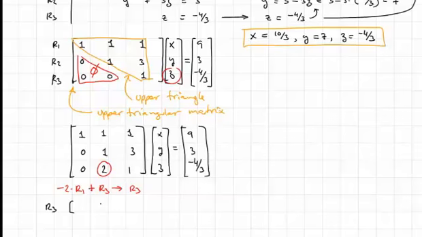We would have minus 2 times 1 plus 2, which is 0, minus 2 times 1 plus 1, is going to be minus 1. And then, of course, we do the same thing for the constant. But I won't do that here because we have a problem.